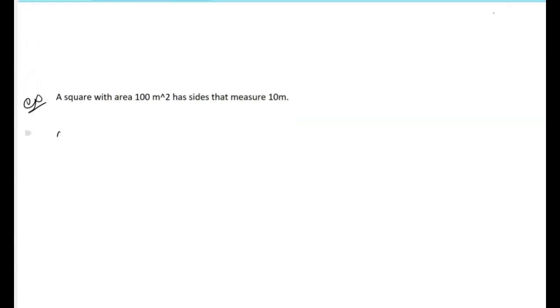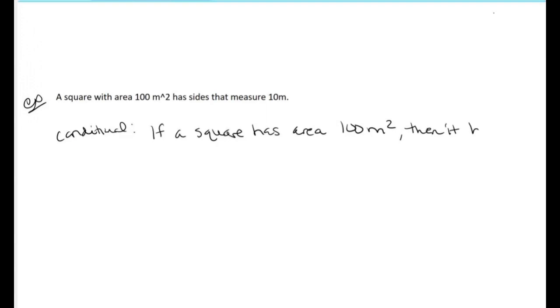All right. In order to write the conditional, a square with area 100 meters squared has sides that measure 10 meters. So if a square has area 100 meters squared, then it has sides that measure 10 meters.